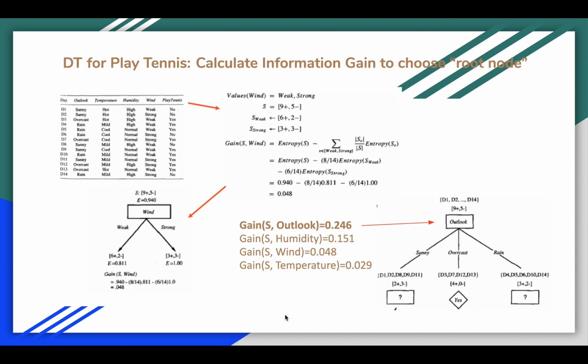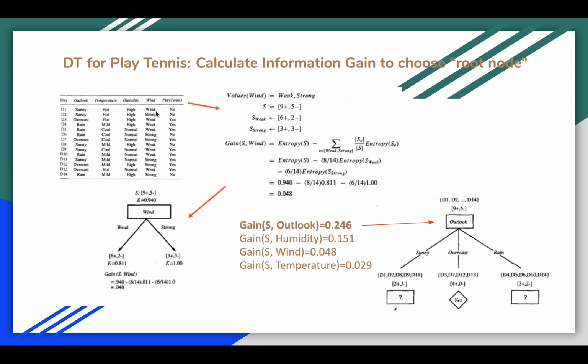Then we use that to calculate 4 information gains because we have 4 attributes. For example, we just focus on wind first. For the wind attribute, we can see that there are 2 values of wind, weak and strong.